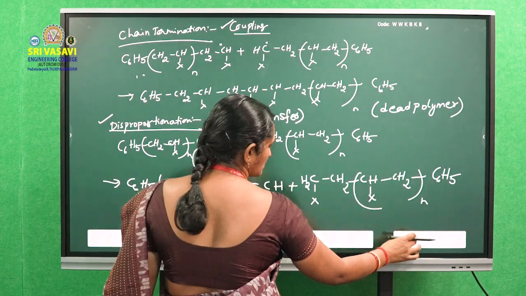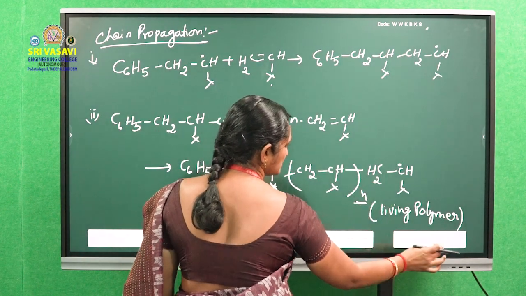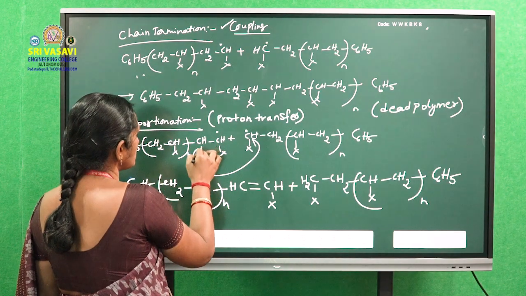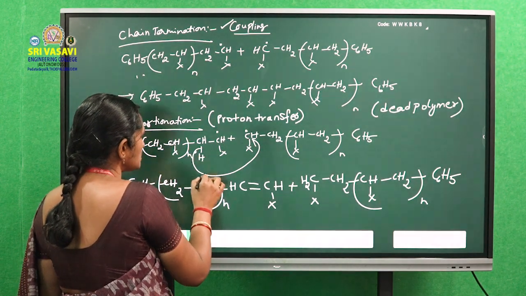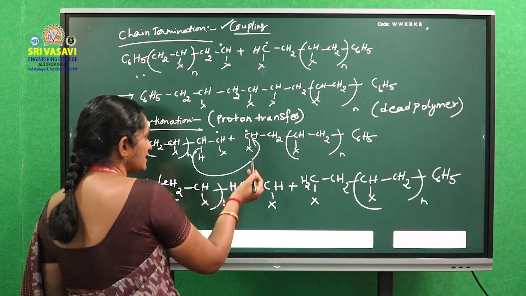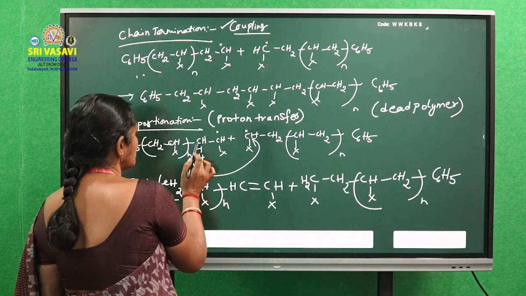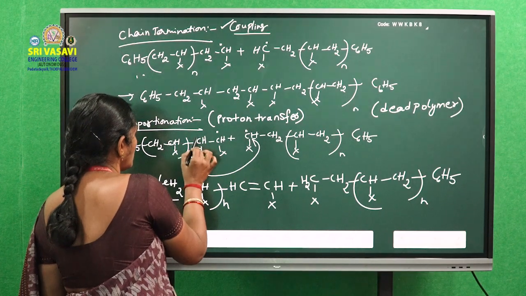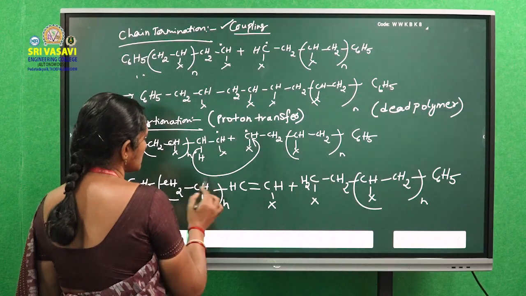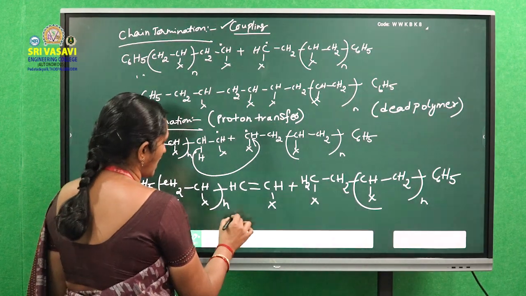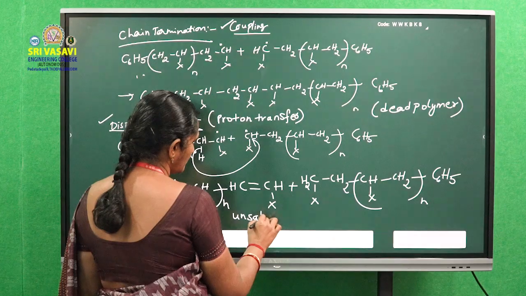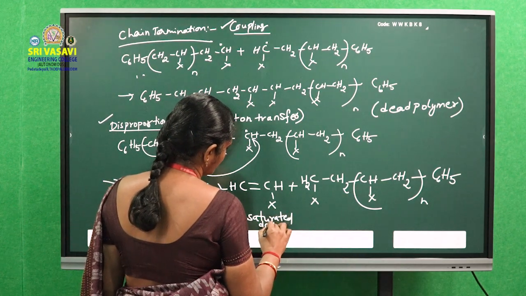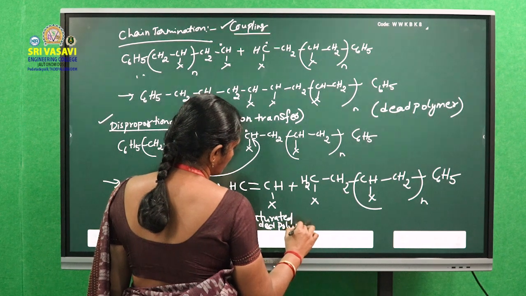Here I have a CH2. Can I write this CH2 as CH single bond H? Yes. And this proton travels to the other polymer, so that whenever this proton is transferred, you get a positive charge here, and this free radical combines and gives an unsaturated dead polymer.